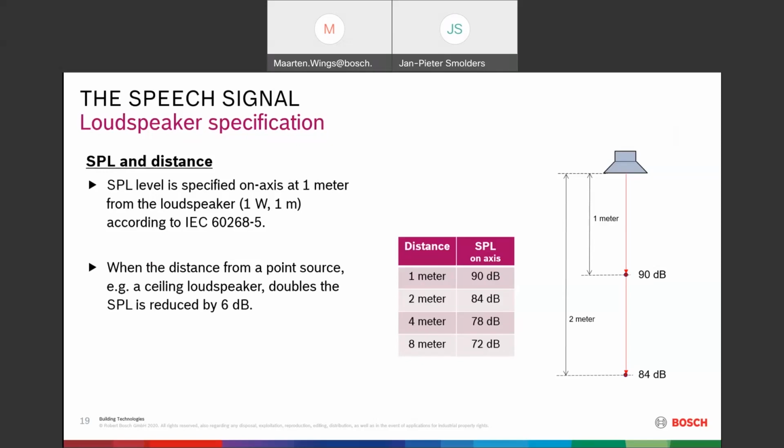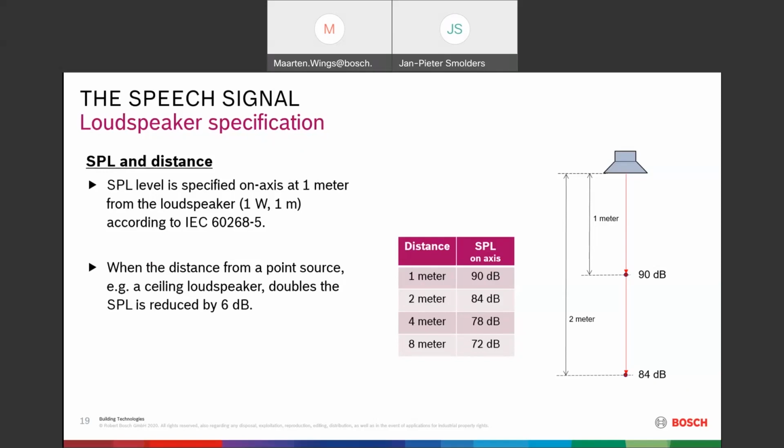If you have a point source like this, and you double the distance, the sound pressure level on axis from the loudspeaker in this picture will go from 90 dB to 84 dB. If we would move 4 meters away from this loudspeaker, the result would be 78 dB and so on.